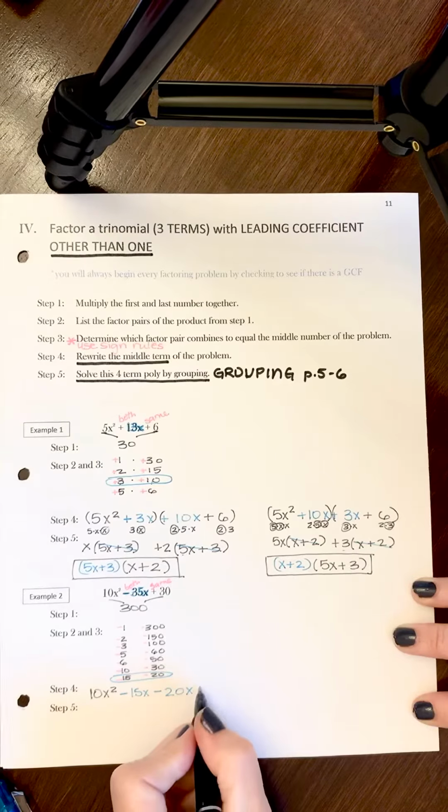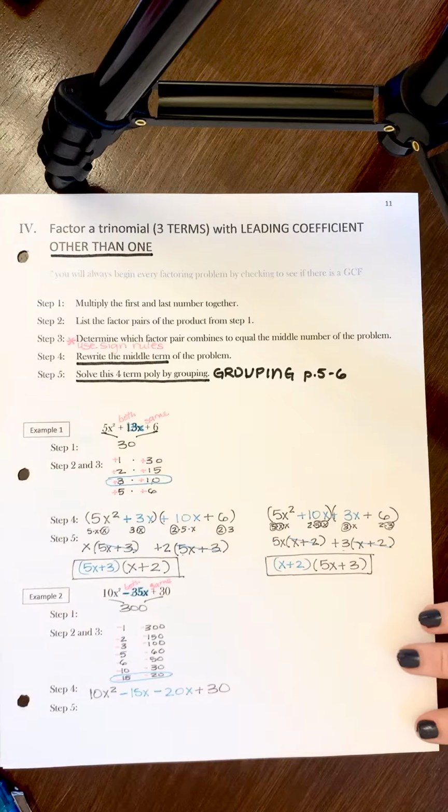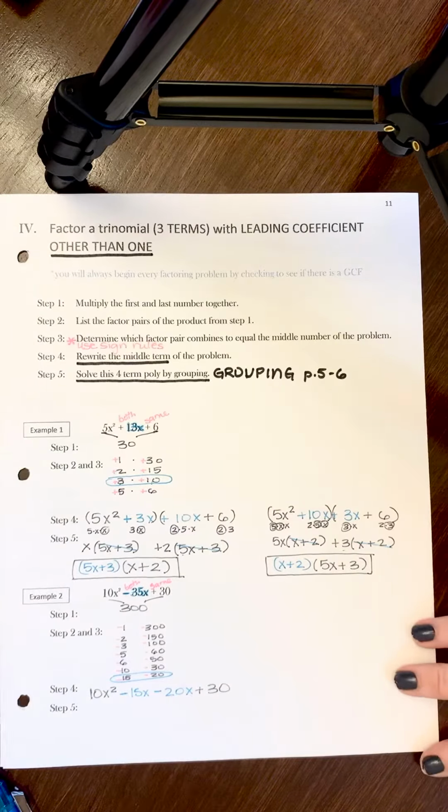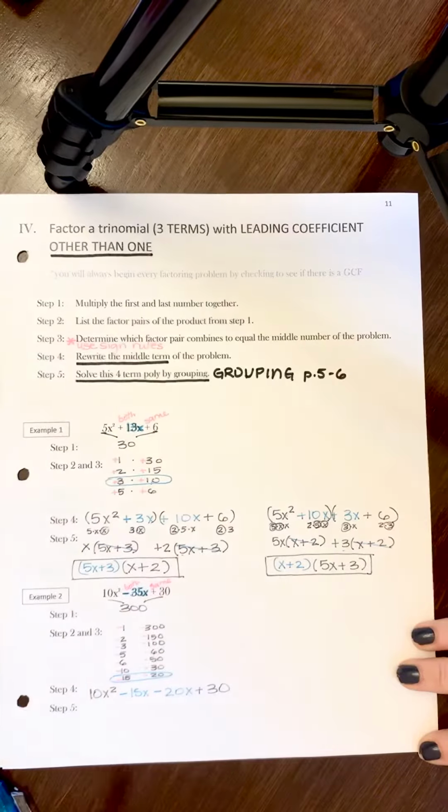Okay, and then the last term is going to stay the same. All right, once you rewrite the middle term, then you have a 4-term polynomial, and we are going to factor the 4-term polynomial by grouping. So we'll group the first two together and the last two together.